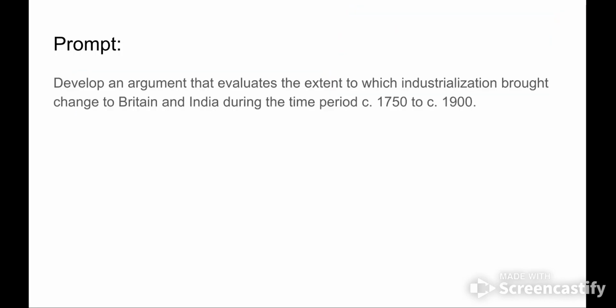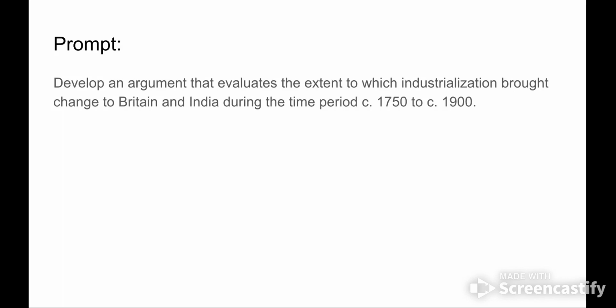So let's go. Our prompt is to develop an argument that evaluates the extent to which industrialization brought change to Britain and India during the time period 1750 to 1900. You're going to focus in on these 2 specific geographic regions and how industrialization brought change. Now, those changes can be increased industrialization.